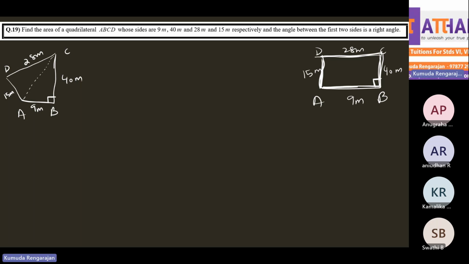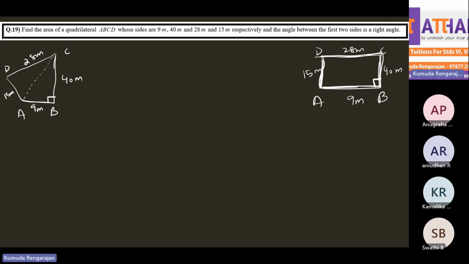And how do you do this triangle? Into 9 and 40, answer is 180.